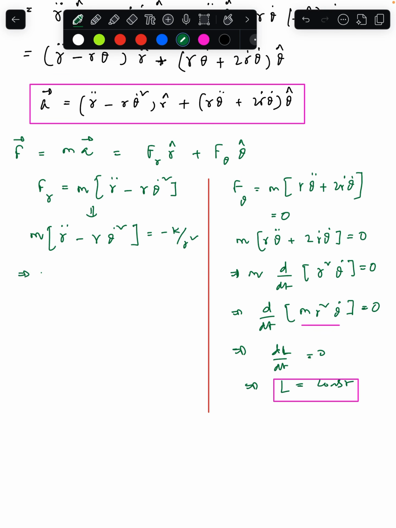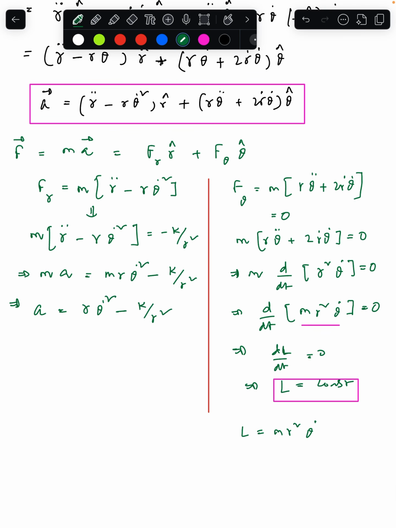So I can write m, r double dot means acceleration a. I will throw it to the other side. It becomes m r theta dot square minus k by r square. Please notice L is equal to m r square theta dot. This is equal to this. So acceleration becomes r theta dot square minus k by r square, right?